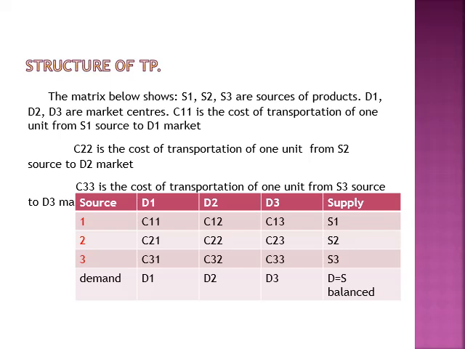Now, D1 demand is in the lower row. So that means market center number 1 demands D1. Source or production center number 1 has a stock of S1.